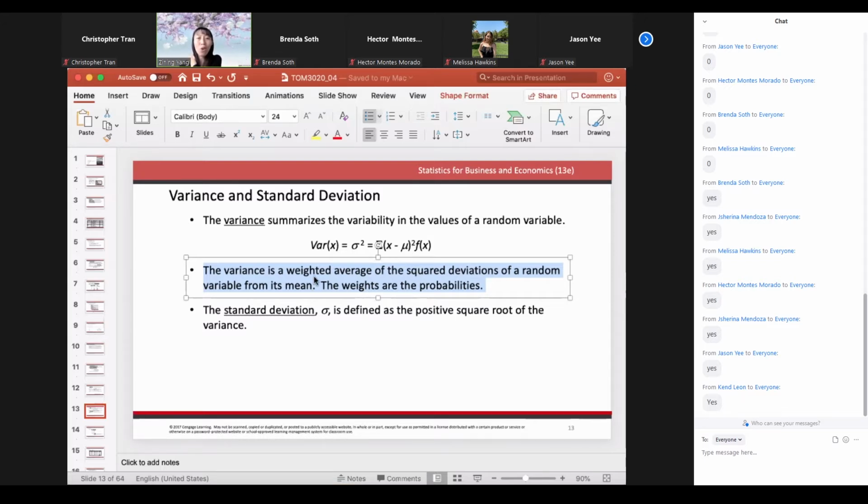Now, with the weights being probabilities, we multiply that squared deviation by the probability, then take the sum of that to get the variance. Then, same as last week, we calculate the standard deviation as the positive square root of the variance. So that's how we calculate the major metrics to measure the center and the variability of your data set for any random variable.